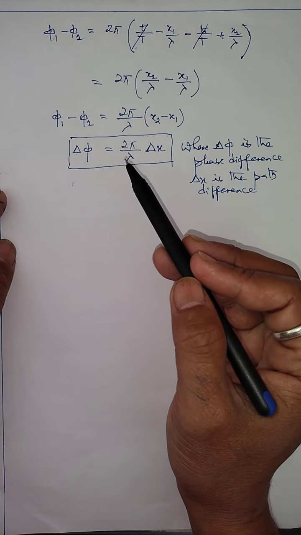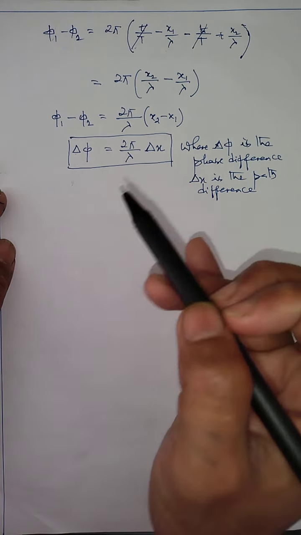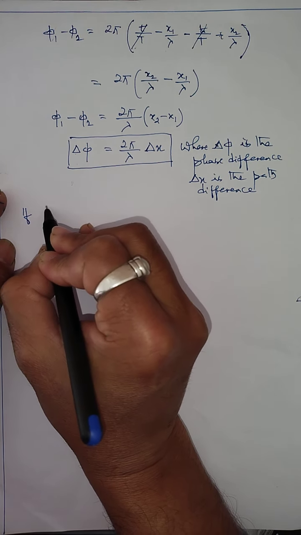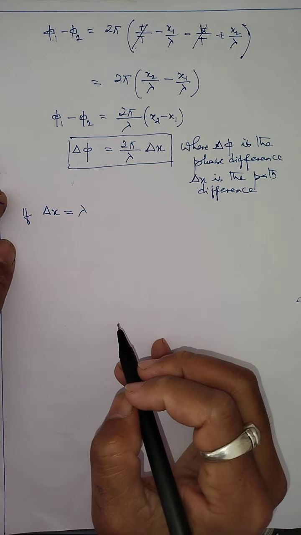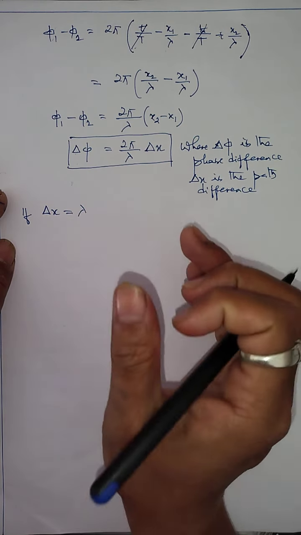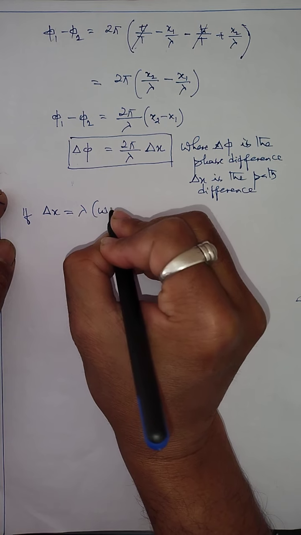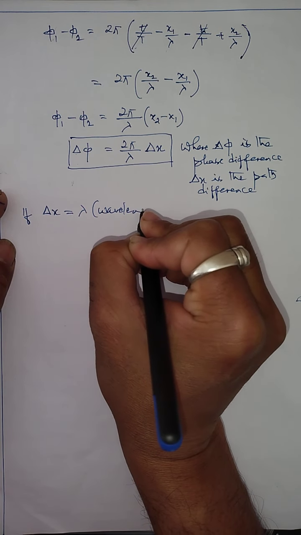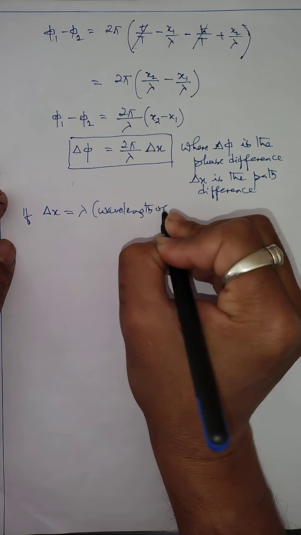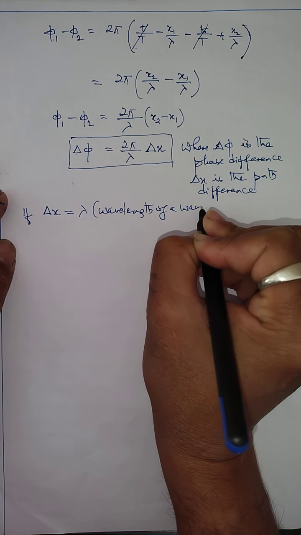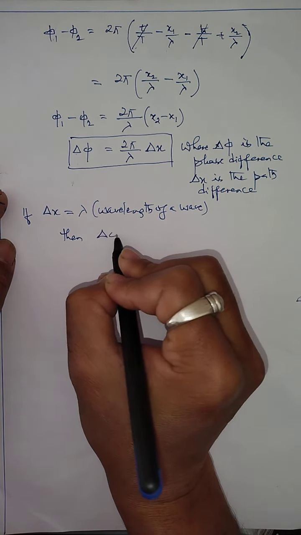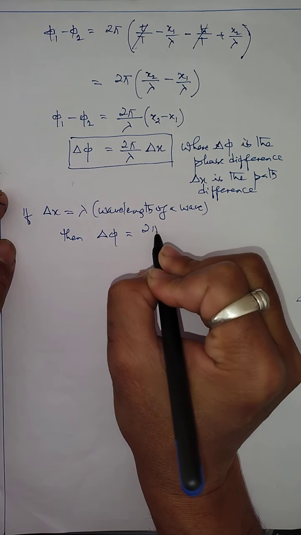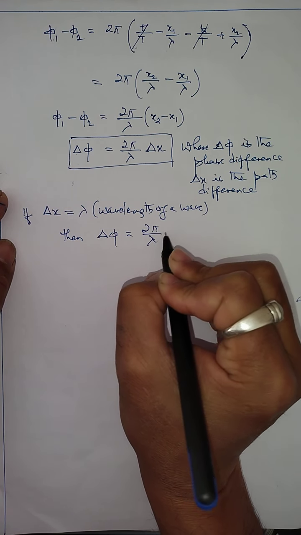Now as you know, if two particles have a path difference equal to lambda, and lambda is also the wavelength of the wave, that means if the path difference is equal to the wavelength of a wave, then your phase difference will be delta phi equals 2 pi by lambda into lambda.